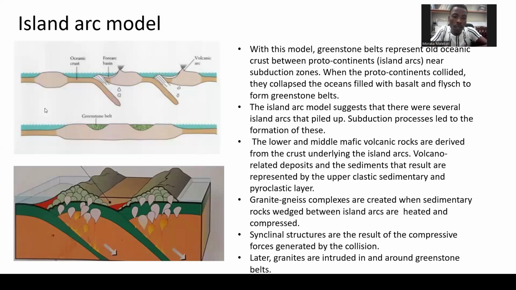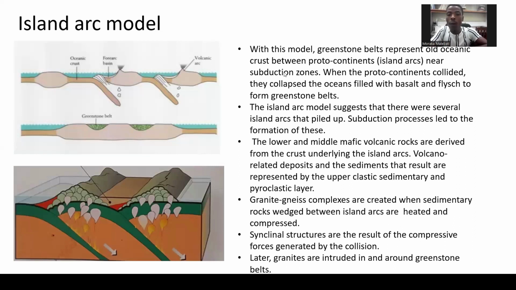Which is why you see this greenstone belt carried between the proto-continents. With this model, greenstone belts represent old ocean crust between proto-continents, near subductions. Here you can see these are near subductions, and then you have these greenstone belts between the proto-continents.